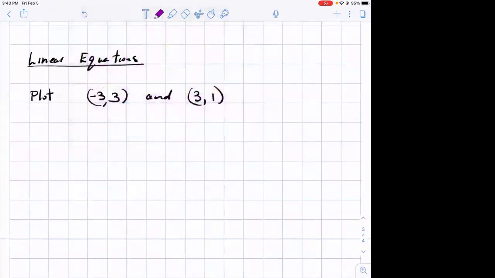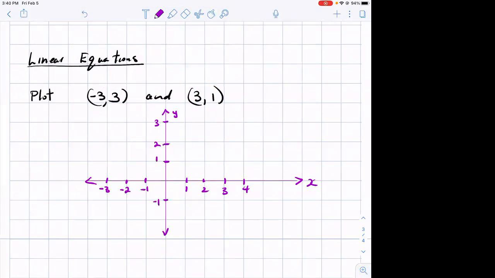And if I plot those 2 points, x is -3 and y is positive, so we go up here.